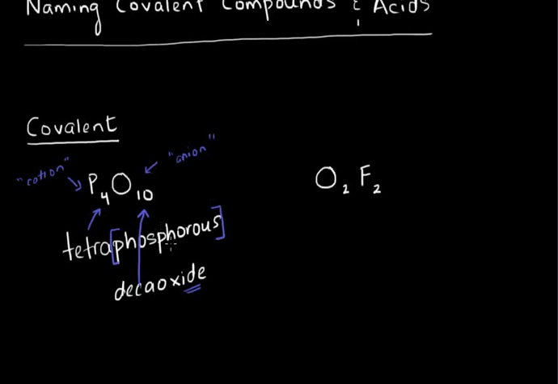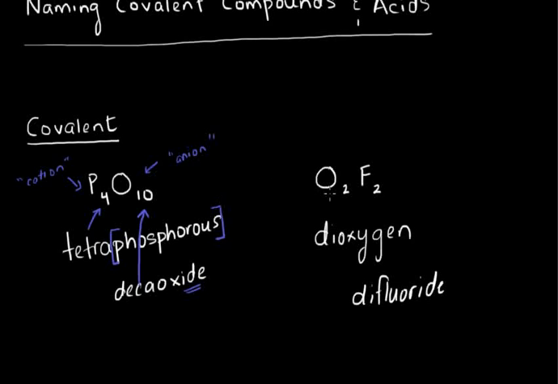And so maybe we can use these rules and apply them to this next molecule. So what do we think the name of this molecule is going to be? Well, I can tell you it's dioxygen difluoride. And again, we always treat this first element, this first atom, as the cation.